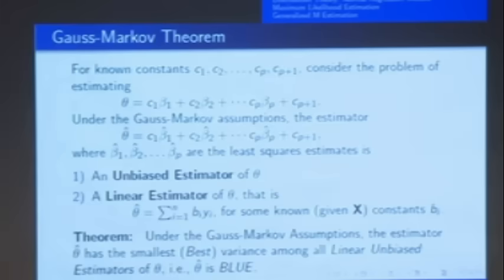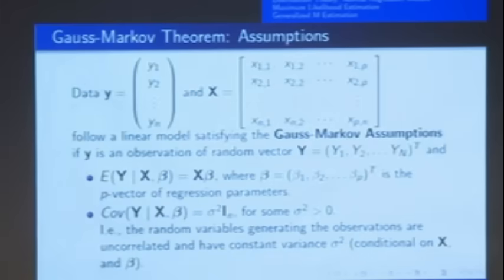So when we have data y and x again, now we're going to think of the observed data, little y1 through yn, as an observation of the random vector, capital Y, composed of random variables y1 up to yn. And the expectation of this vector, conditional on the values of the independent variables and the regression parameters, is given by x beta.